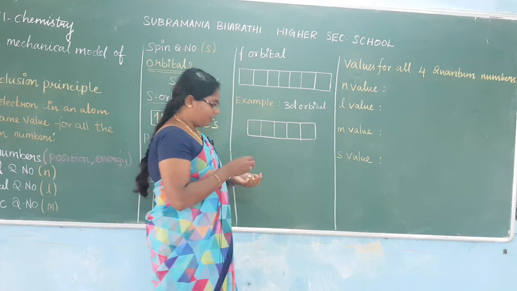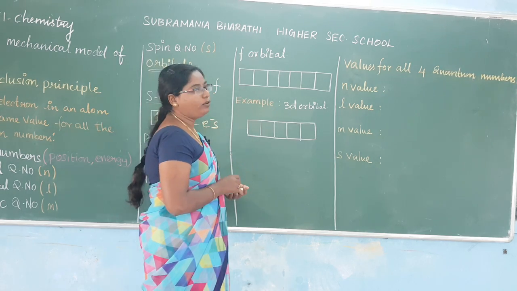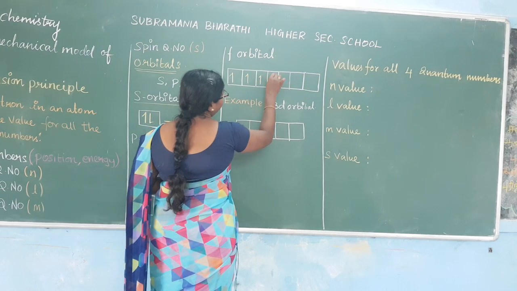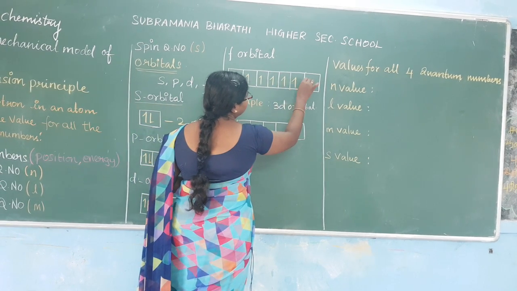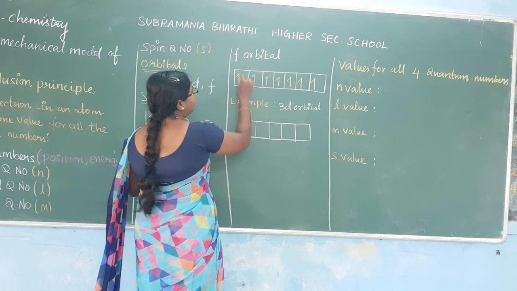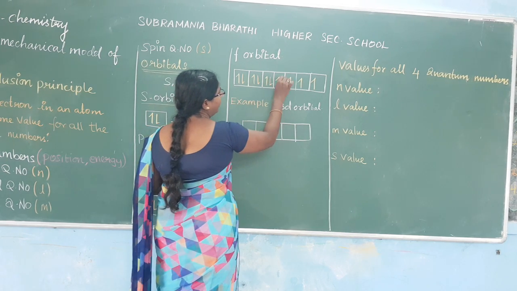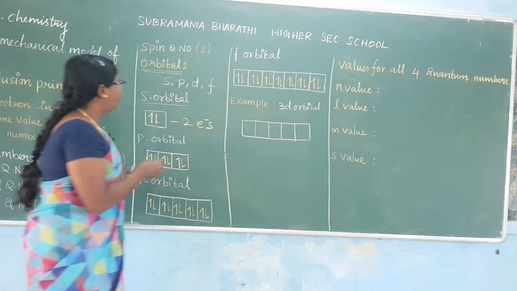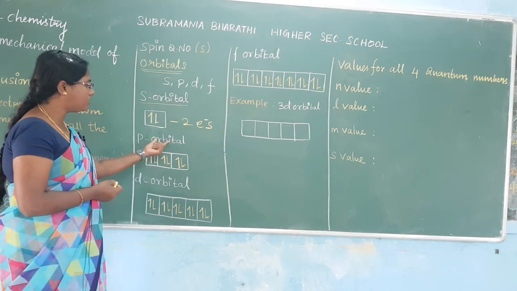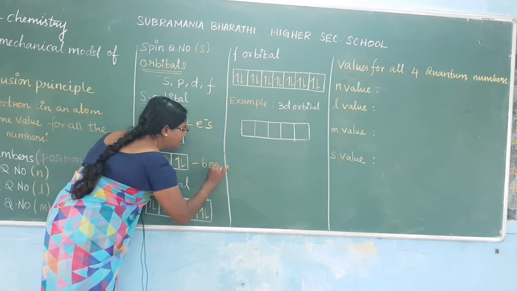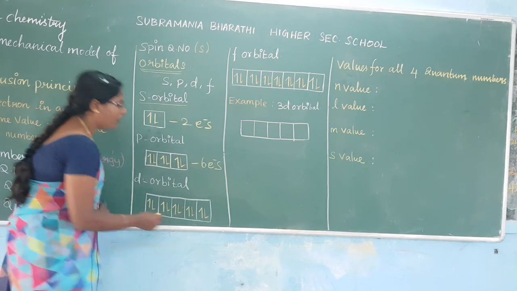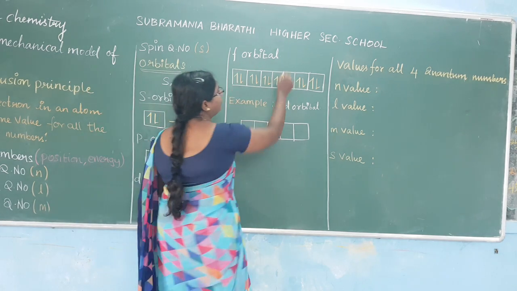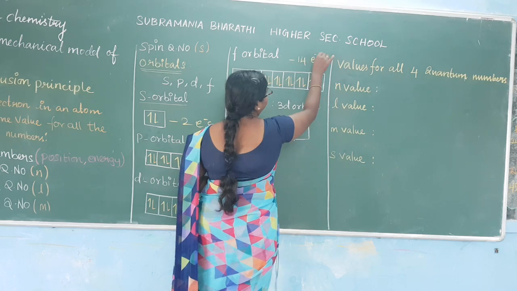In the same way, for the F orbital we have a total of 14 electrons: 1, 2, 3, 4, 5, 6, 7, 8, 9, 10, 11, 12, 13 and 14. So for the S orbital we have 2 electrons, for the P orbital 6 electrons, for the D orbital 10 electrons, and for the F orbital a total of 14 electrons.